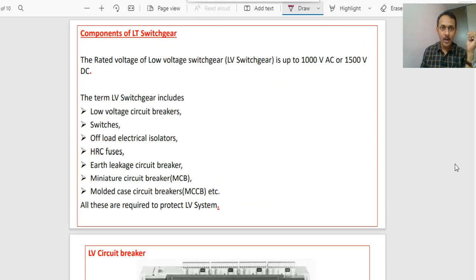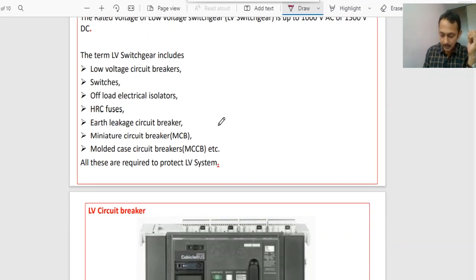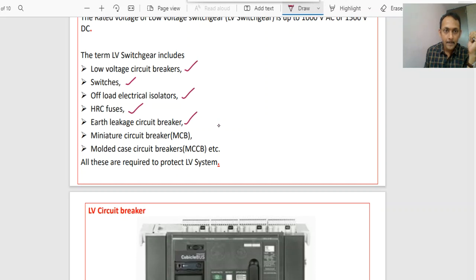In this video, we are going to discuss the different components of low tension switchgear, right? So here we are going to have different components like low voltage circuit breaker, and we will have switches, off-load electrical isolators, HRC fuses, earth leakage circuit breaker, miniature circuit breaker, molded case circuit breaker, MCCB, etc. Right?